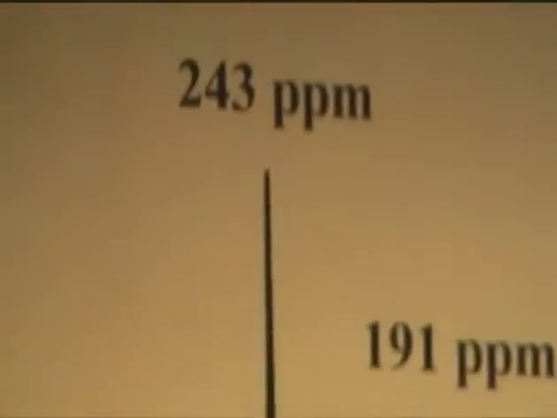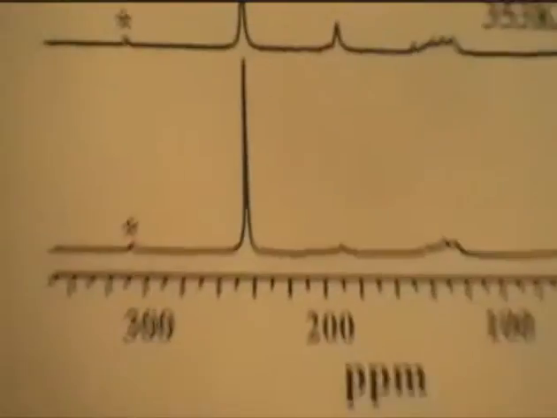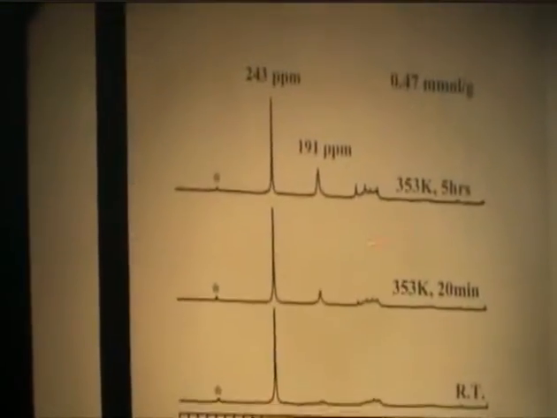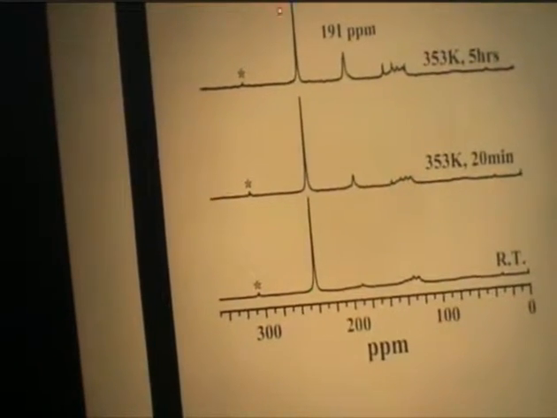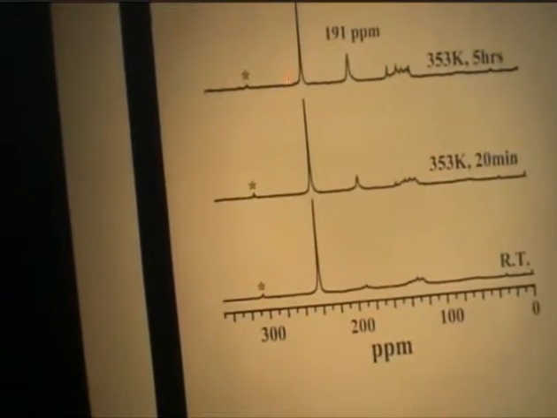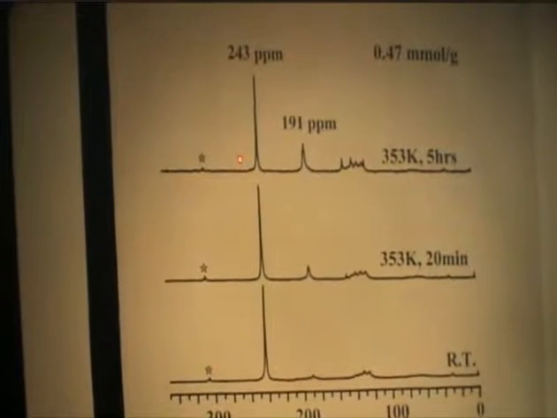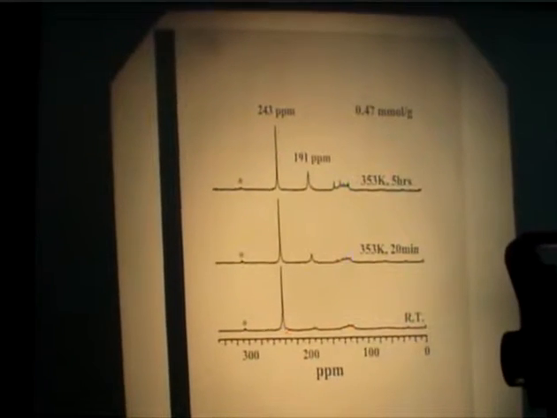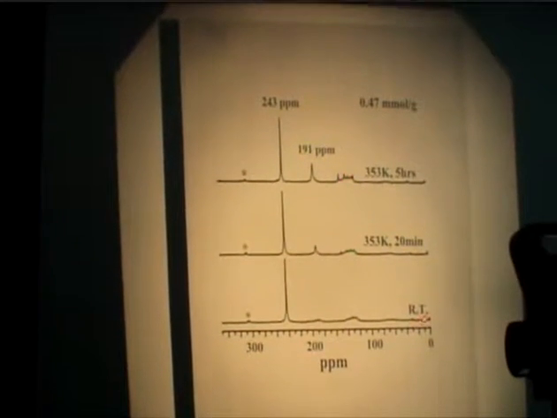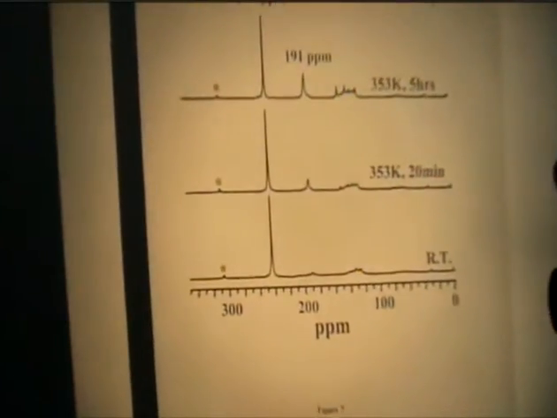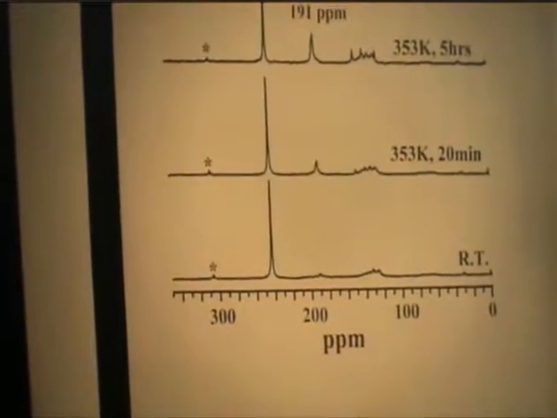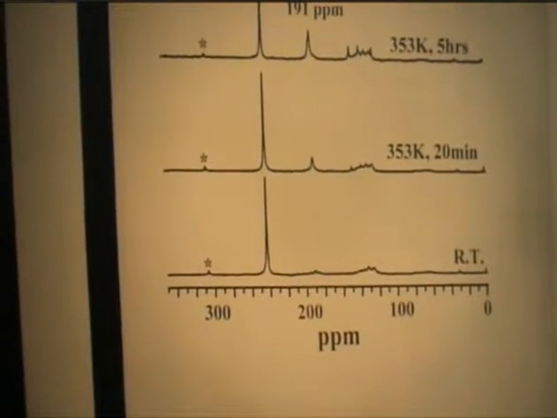So if you had nothing but 100% sulfuric acid, the shift was here at 244, 100% sulfuric acid. And this is our material at room temperature. Notice these little peaks are the polymerization of acetone beginning. We don't put very much in the gas phase, just a little dollop.